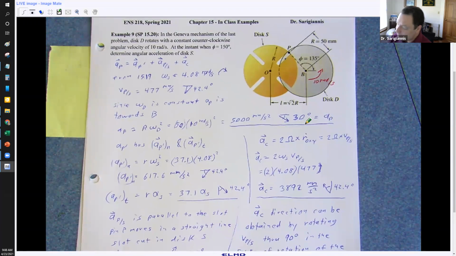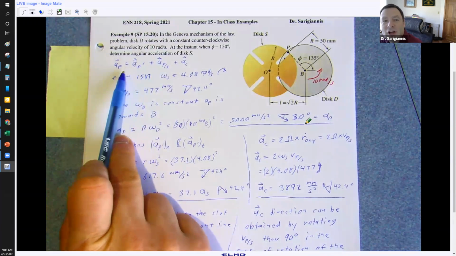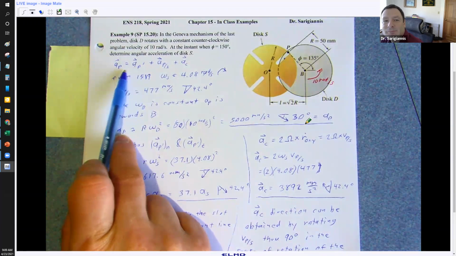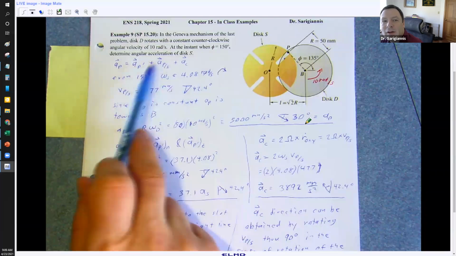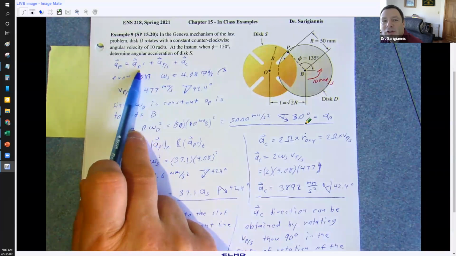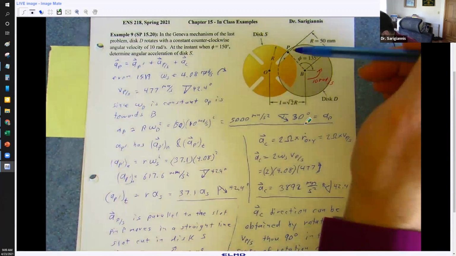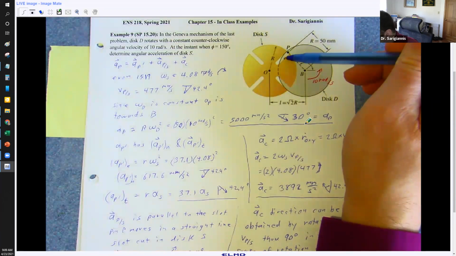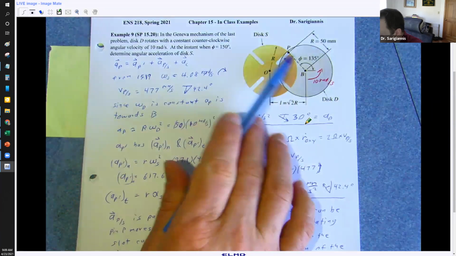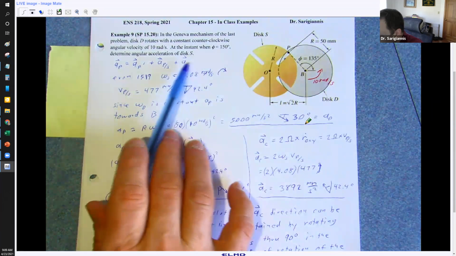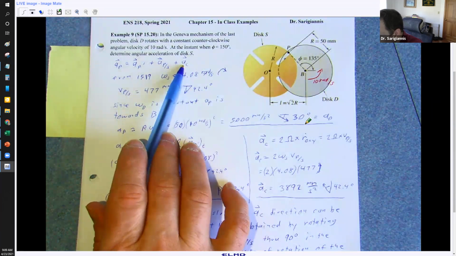We figured out, oh, we have the general acceleration term, right? The total acceleration of point P is equal to the acceleration of P prime, this conceptual point that's located on the rotating frame of reference, plus the acceleration of P with respect to S, and then the Coriolis acceleration.